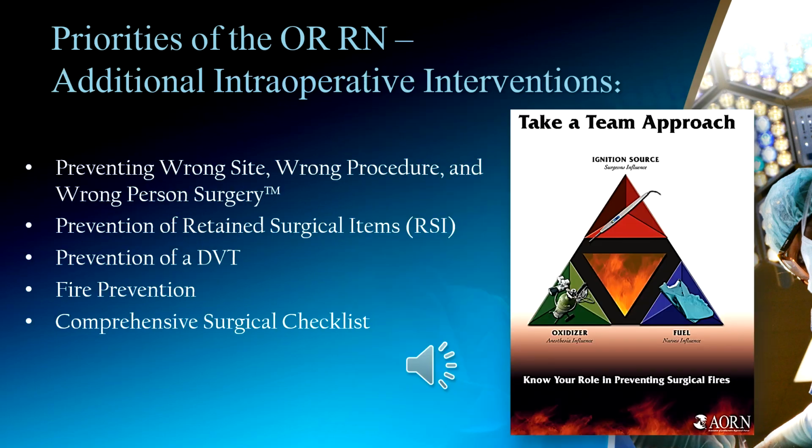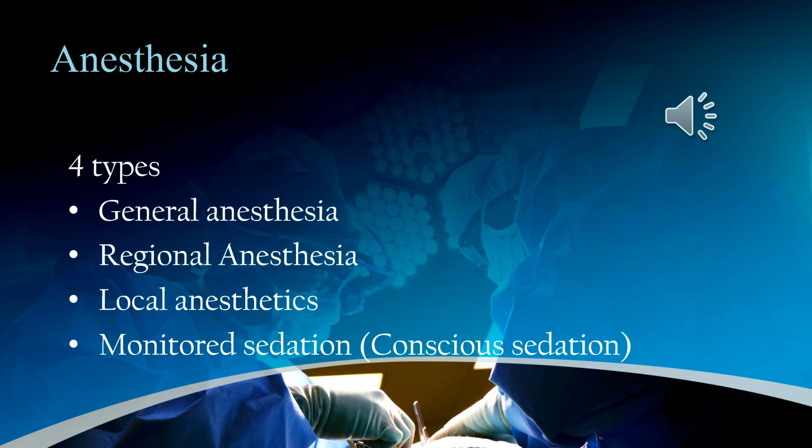Some other priorities of the OR nurse in the intraoperative phase are preventing that wrong site, wrong procedure, wrong person surgery, prevention of any retained surgical items, prevention of DVT, fire prevention. Yes, there are a lot of fire risks in the OR, and then making sure that they cover that comprehensive surgical checklist.